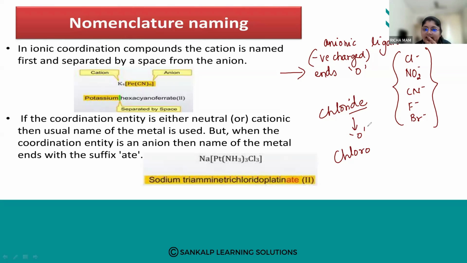So in general, if the name of the anion ends with IDE, ITE or ATE, then only the E is replaced by O, not the IDE completely. So the name will be chlorido.